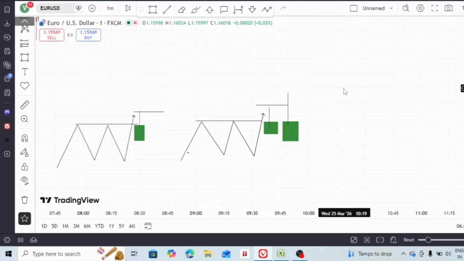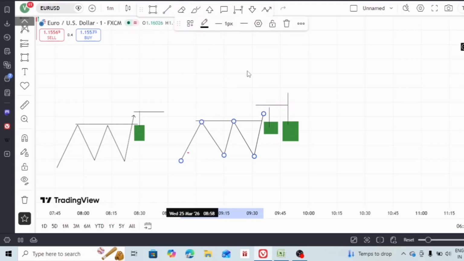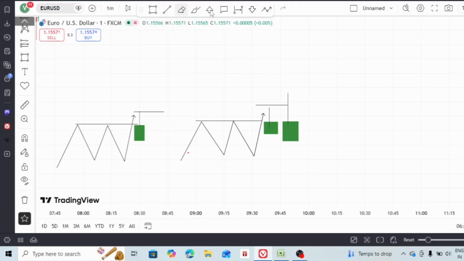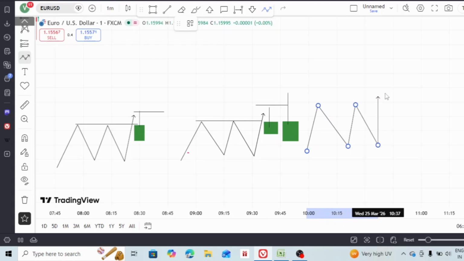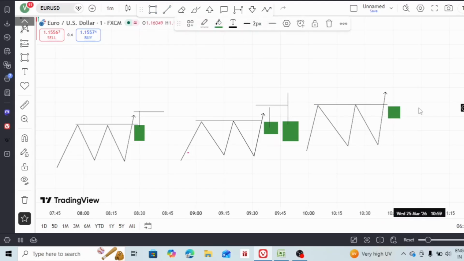So this is not the valid higher high, and then like this. Okay, this is the level. So the candle has broken with the wick. Okay, wick, it has broken with the wick. So this is not the valid higher high.